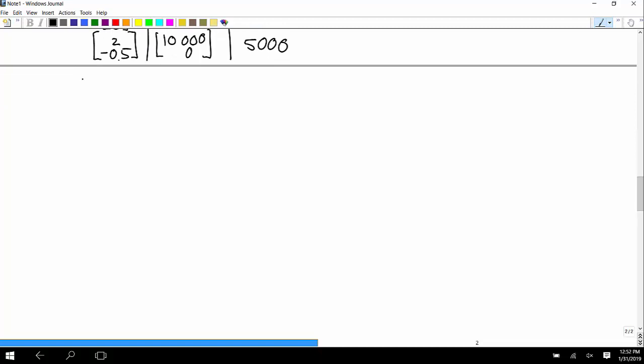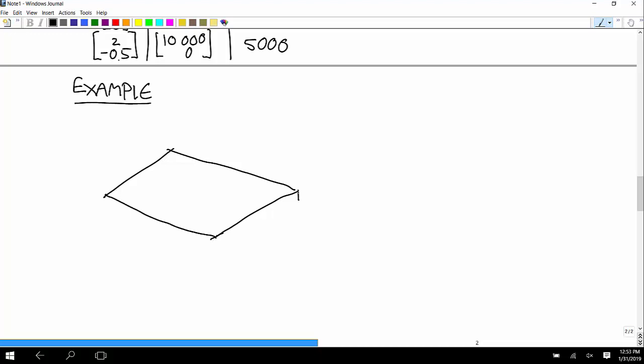Okay, let's do a 3D problem. So this time, let's say there's a plate, and let's say it's connected to the wall by a hinge. We'll talk about dealing with hinges pretty soon.